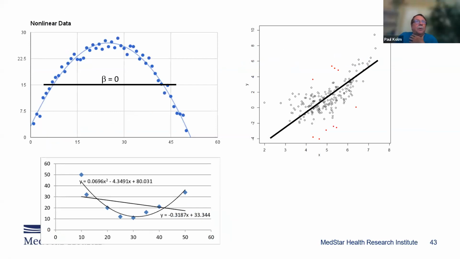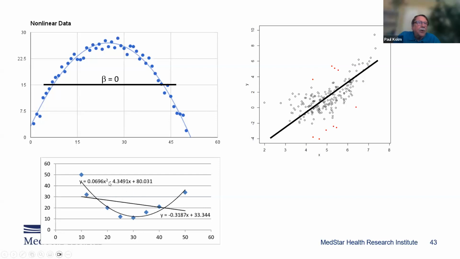This one in the upper left I've shown before, where if we did a linear model, we get a coefficient of 0, but clearly there is some relationship. At the bottom left here, we have 2 different models. We have the linear model, where we just have the intercept and the slope. And you can see that this doesn't fit the data very well.